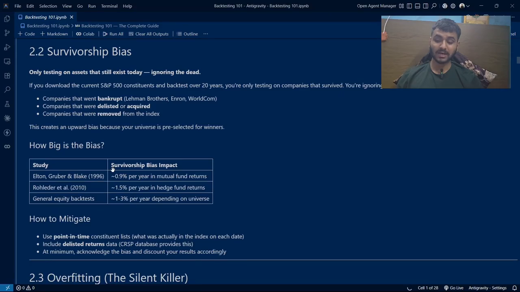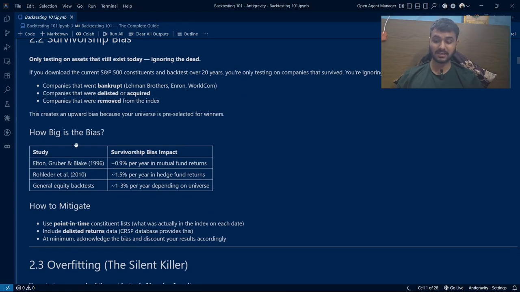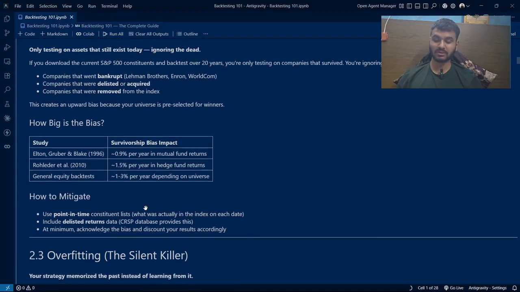Now, how big of a bias can this create in your backtest? If you check mutual fund returns, it could be only a 0.9% effect. In hedge fund returns, it could be a 1.5% per year difference. And in general equity backtests, it can lead to 1 to 3% per year depending on the universe.